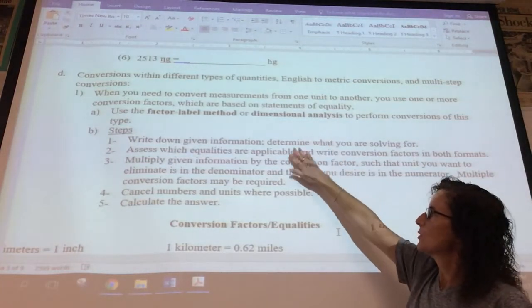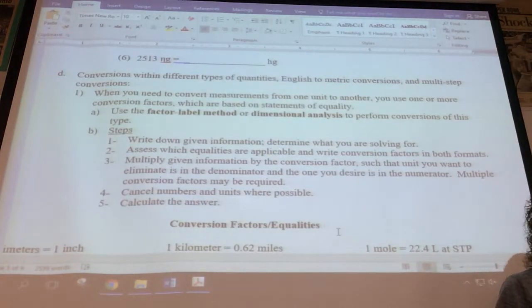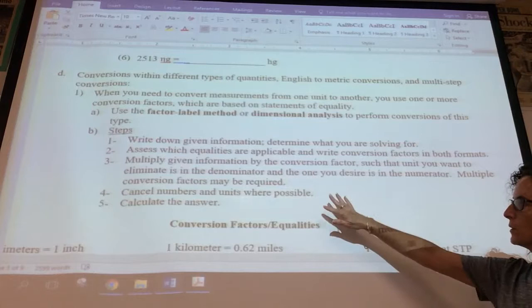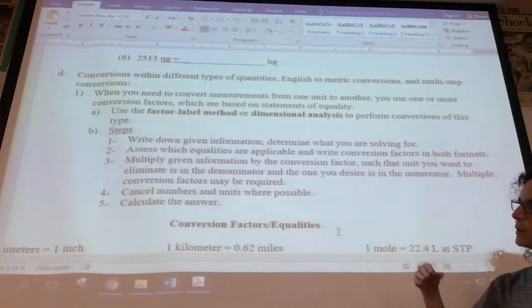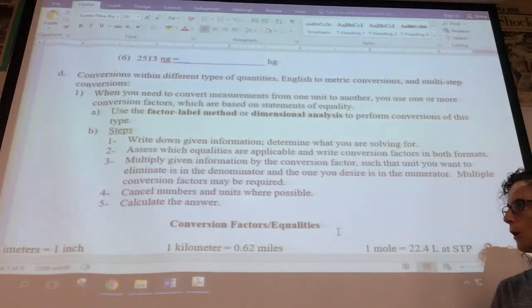Very often when we do any type of problem solving, I'll list the steps involved to do the problem, so that if you are working on something at home and you get stuck, you have these steps to go back to, and this will just give you guidance so that you can work through the problem successfully. So the steps are here, and I'll go through these with you now, although they won't really click for you until we work through the problems.